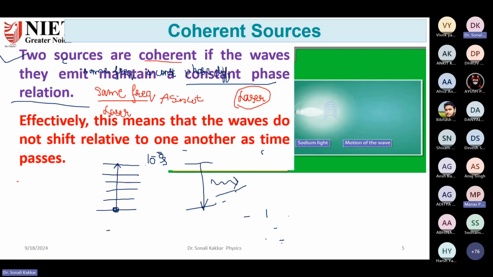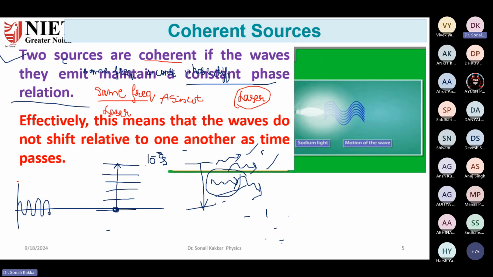But what happens is, when these photons are emitted, they are in random direction. It can be in this direction, this direction, this direction. Also, the phase relation is not maintained. So the light from such sources is a series of pulses.